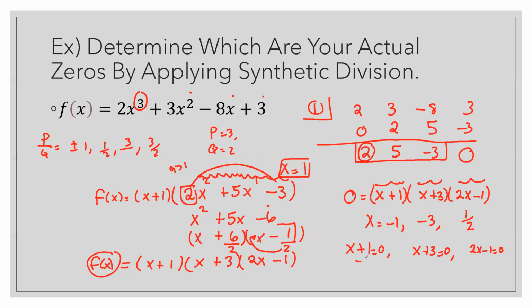So you add 1, you get 1, subtract 3, you get -3. And over here you have to add 1 to both sides, and then divide by 2. So those are your answers. Your actual zeros are 1, -3, and +1/2.